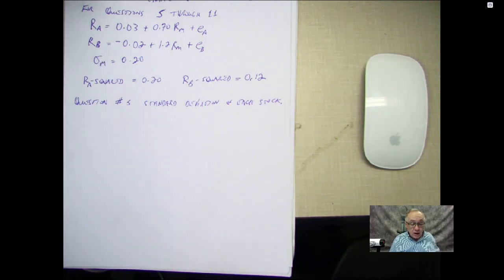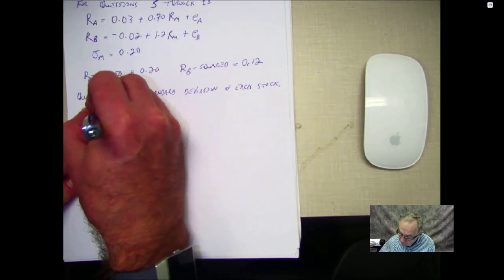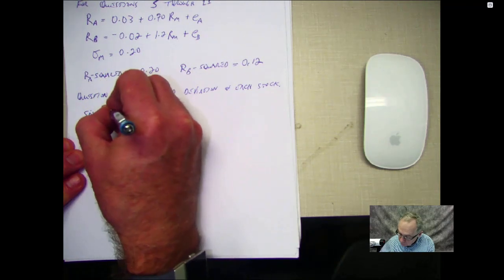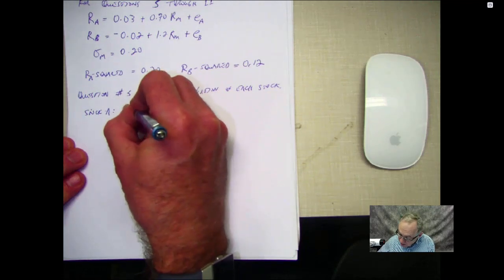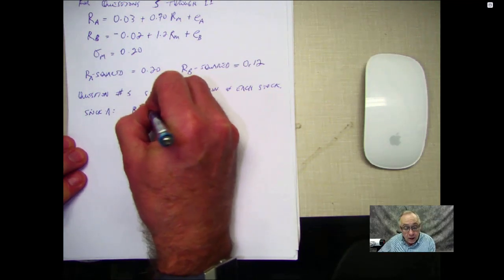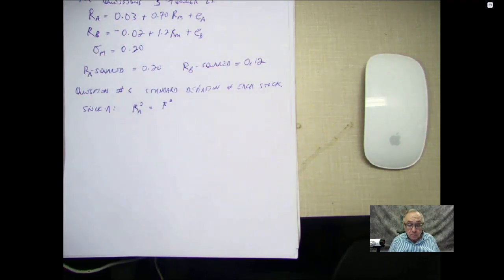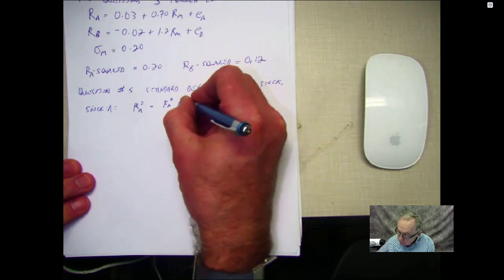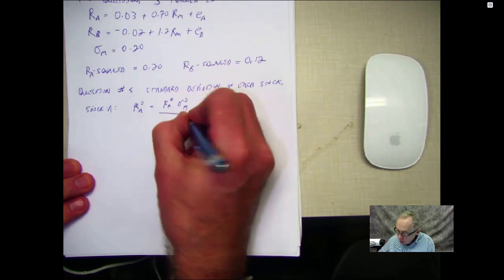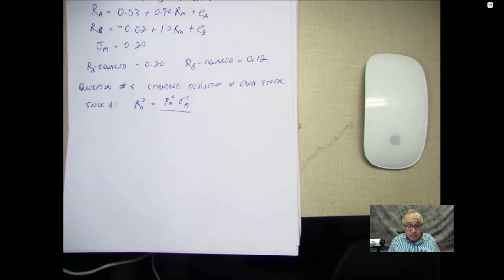So for stock A, our formula is going to be the R squared for A is equal to beta squared for A times variance for the market, all divided by, again, variance for the market.